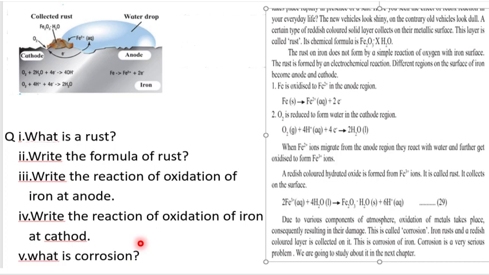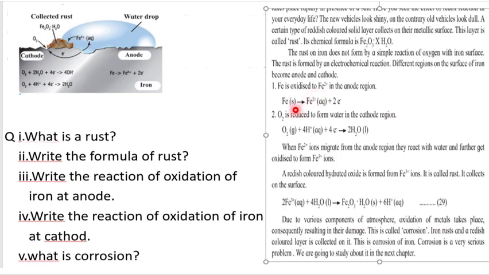So friends, when the iron comes in contact with the various components of the atmosphere, different regions on the surface of iron become anode and cathode. Here, anode and cathode are formed. At the anode region, Fe is oxidized to Fe2+ ion, that is ferrous ion.